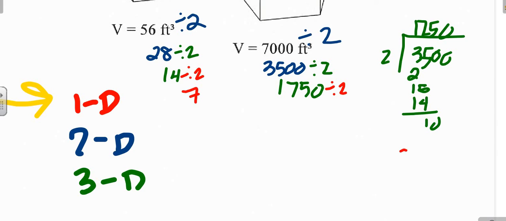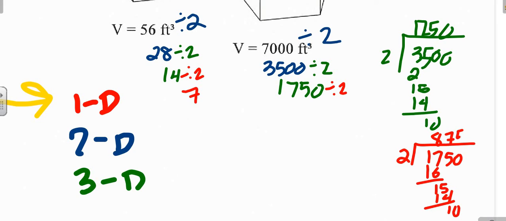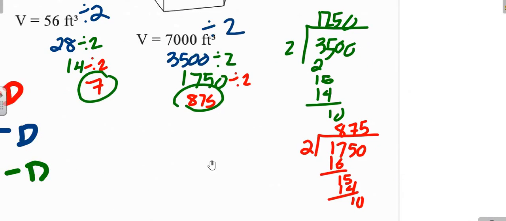And 2 goes into 1750. 2 is going to go in here 8 times, 16. 2 is going to go in there 7 times, 14, 875, and then now I'm going to try 7 goes into 875.